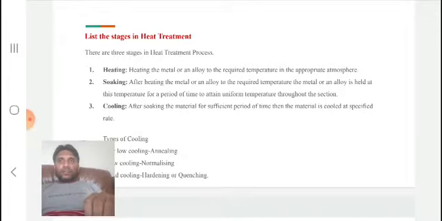After heating to the required temperature, the metal or alloy is held at this temperature for a period of time to attain uniform temperature throughout the section. Then cooling. After soaking the material for a sufficient period of time, the material is cooled at a specified rate.